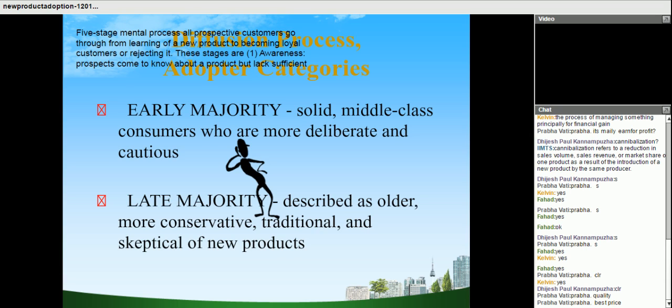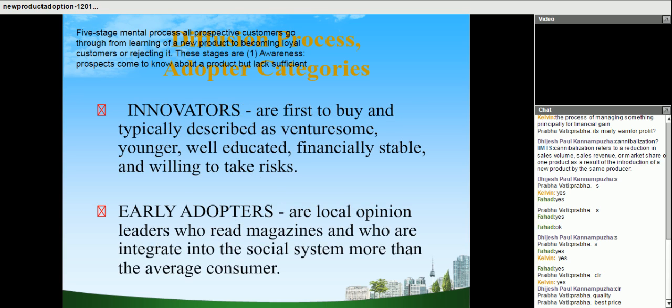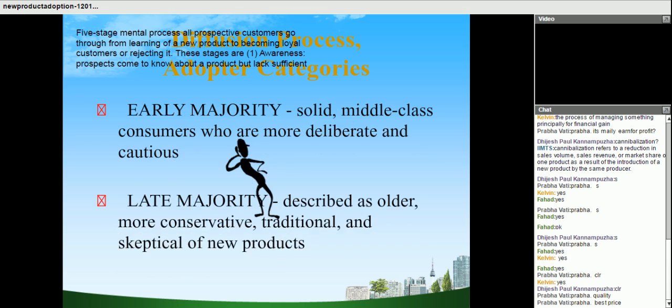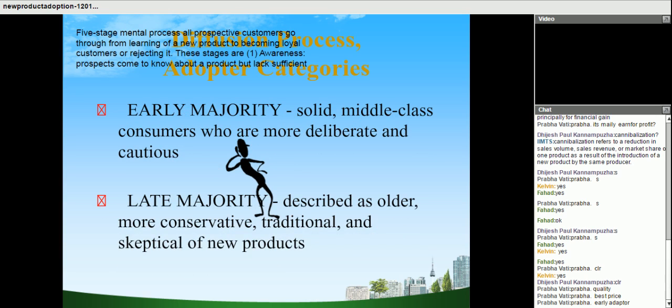Right. So, in which category will all four of you come? How will you rate yourself? Are all of you innovators, early adopters, early majority, late majority? Prabhat is early adopter. Okay. What about others?